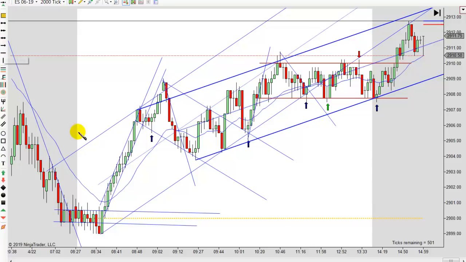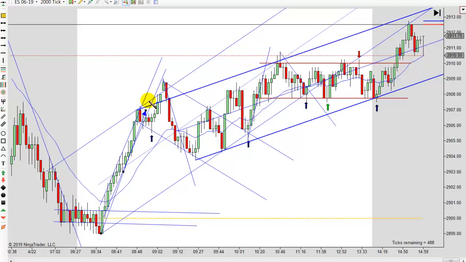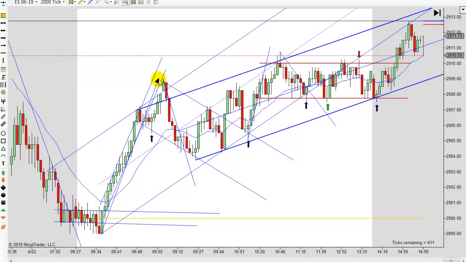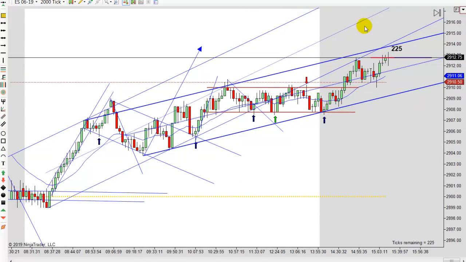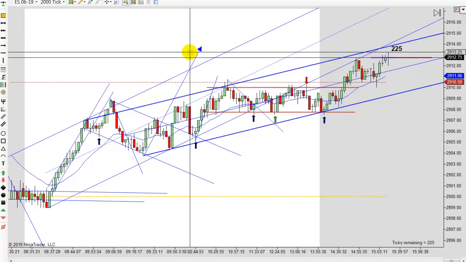And of course, before I forget, there's your first leg up. And once you started going higher from there, you would look for a measured leg up. And you can see we're getting close to that. We're right at 315 and closing now. So we didn't quite get there. We missed it by a few ticks. If you put this all the way up at the high, you can see it came across right.